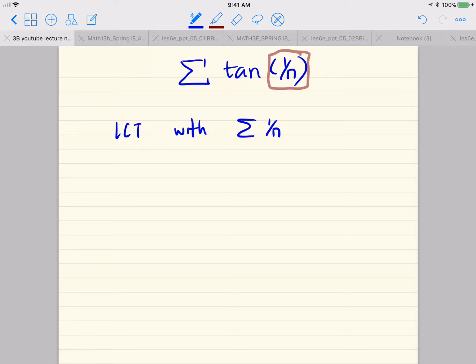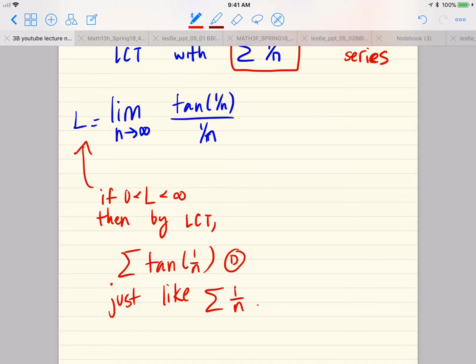Right, so if L is some positive finite number, then by the limit comparison test, our series must diverge, just like the harmonic series.